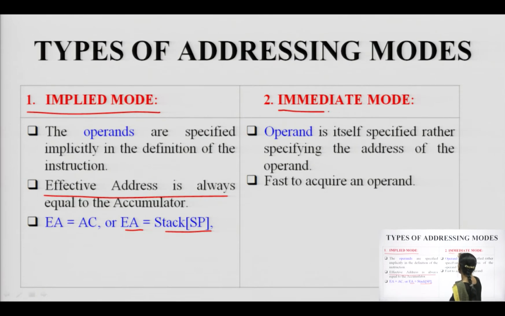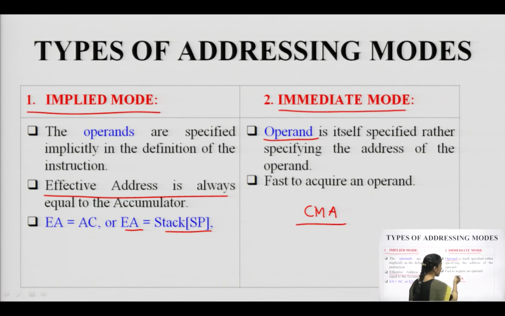Second mode, immediate mode. Immediate mode says the operand itself is specified, rather than specifying the address of the operand. I am directly specifying the operand. If I take the example complement accumulator, here I have specified the register where I have to perform the operation.